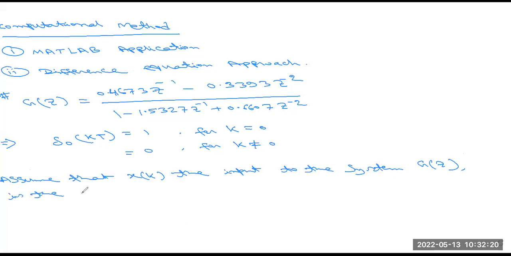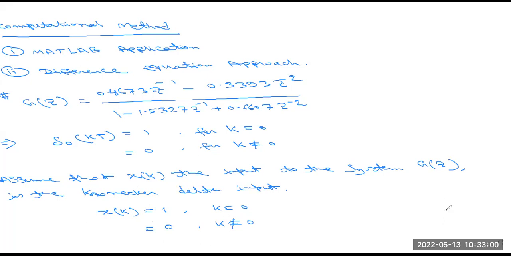Here x(k) is 1 when k is equal to 0, and x(k) is 0 when k is not equal to 0. This is called the Kronecker delta input function in the computational method.